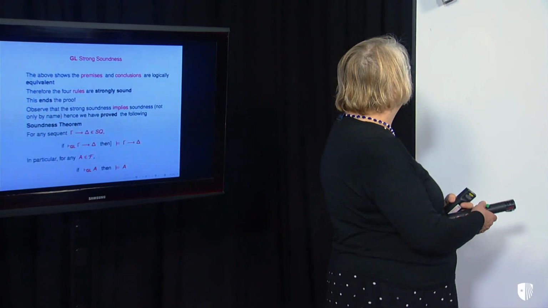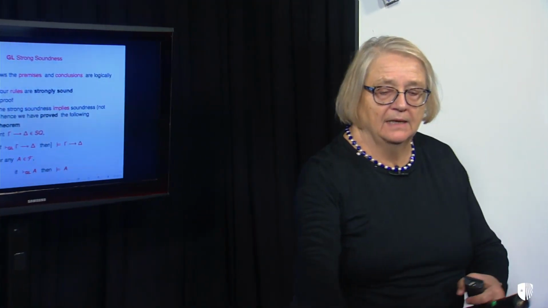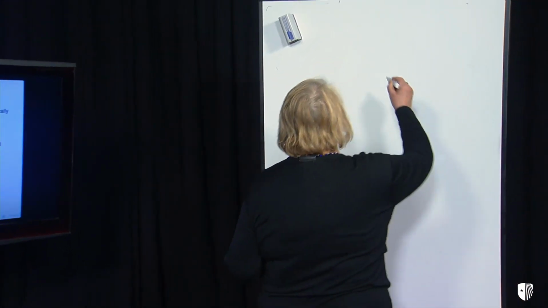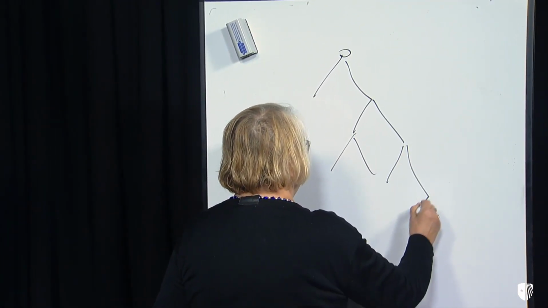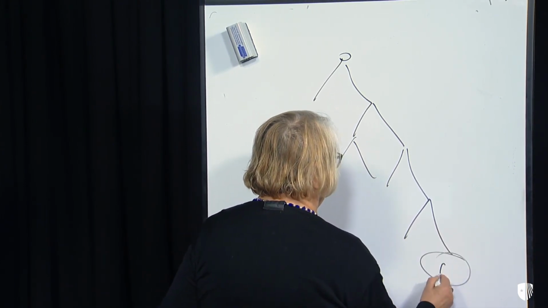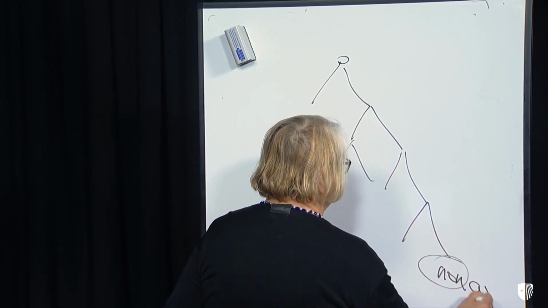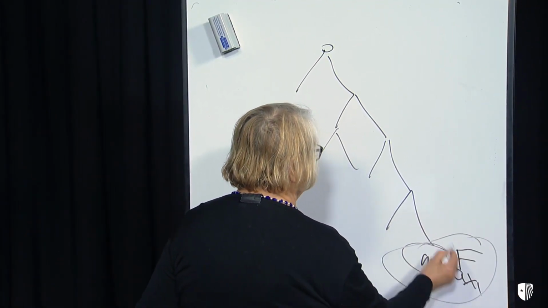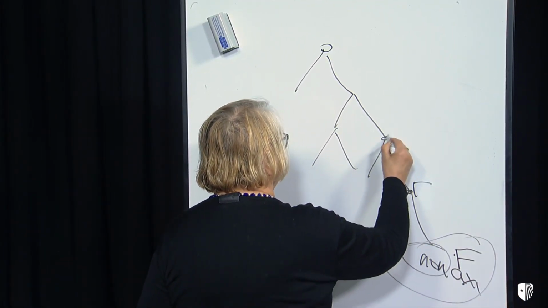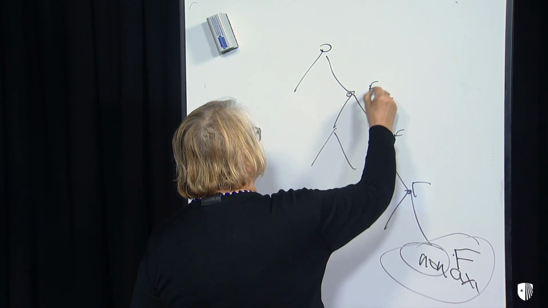Remember, the strong soundness was needed so that we have a decomposition tree, and we have a non-axiom leaf. And if we put the non-axiom leaf on F, our F would climb the tree.